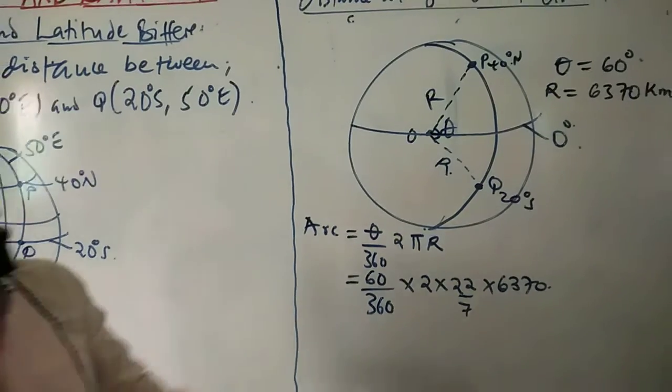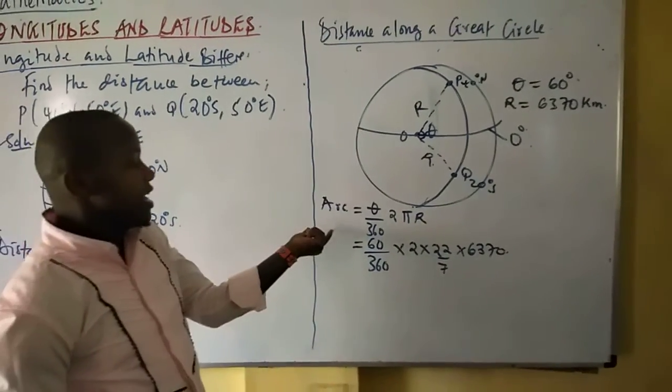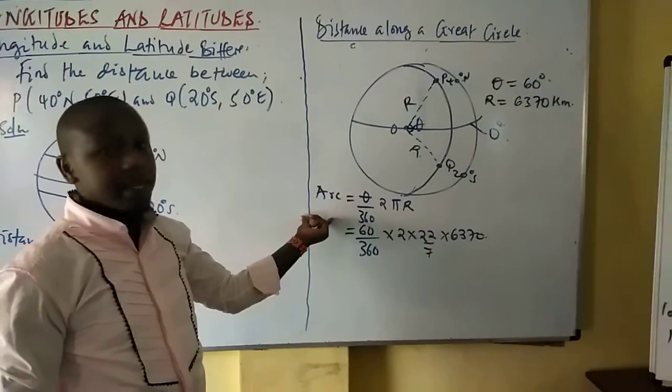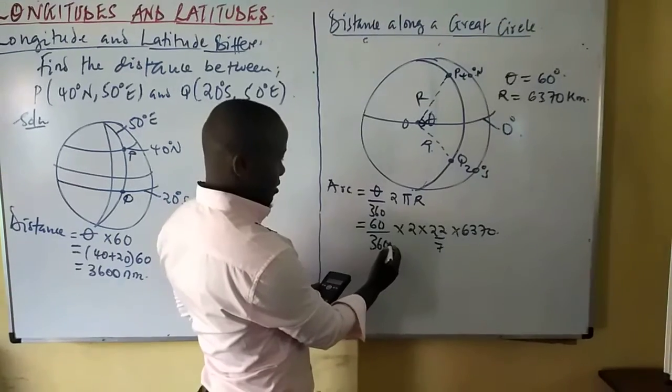For distance in kilometers, we use the formula for the length of a normal arc.